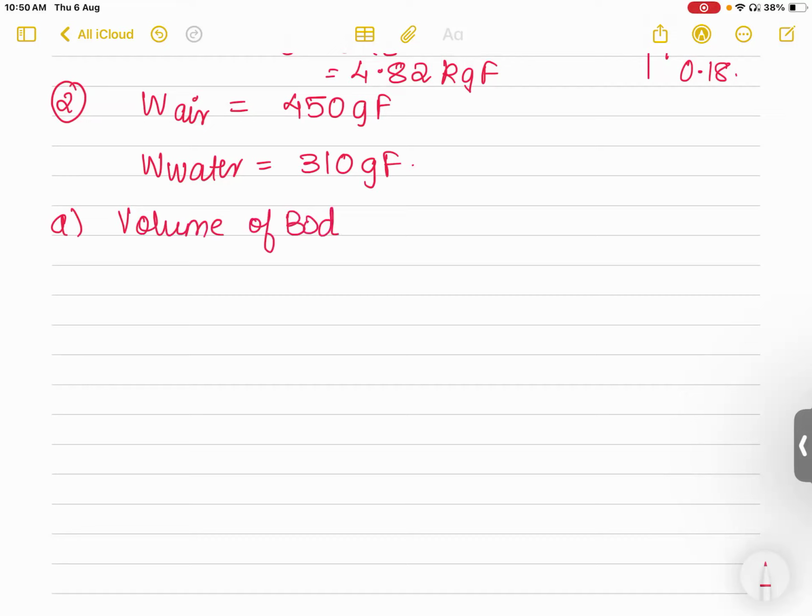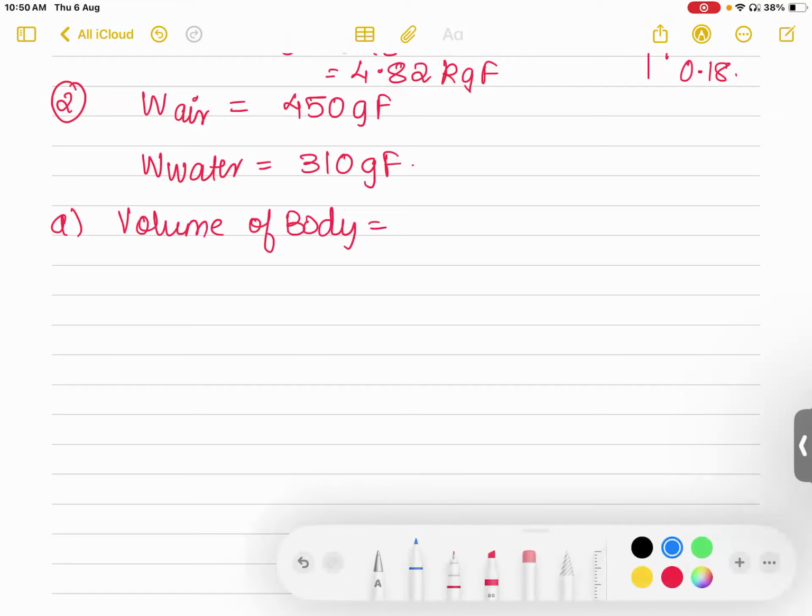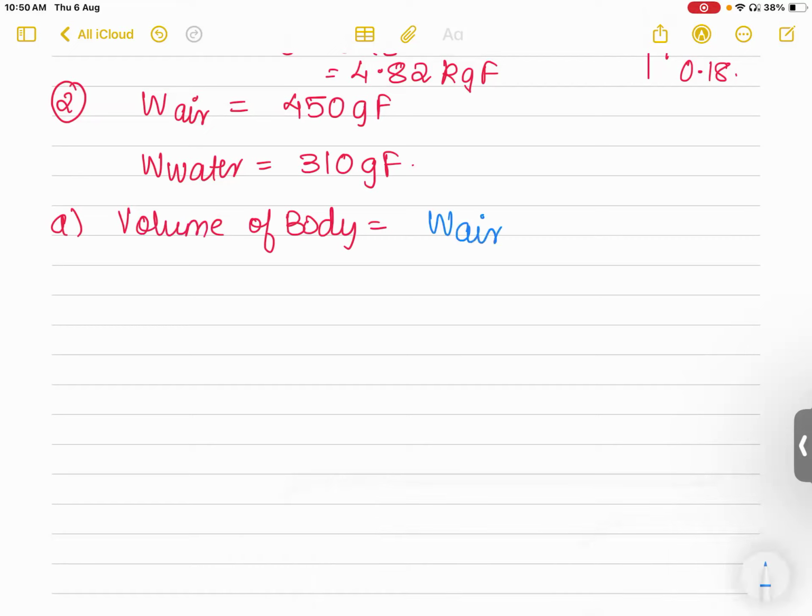I think you all know how to solve this. Volume of a body can be calculated by weight in air minus the weight in water. So students, weight in air is 450, weight in water is 310. When I subtract this, I get my answer as 140.